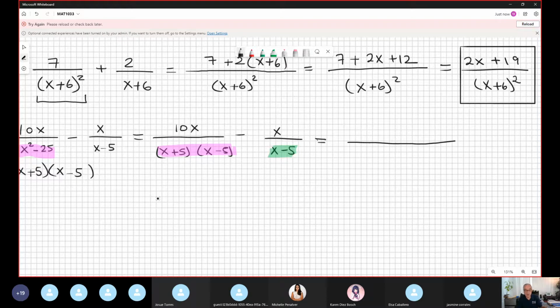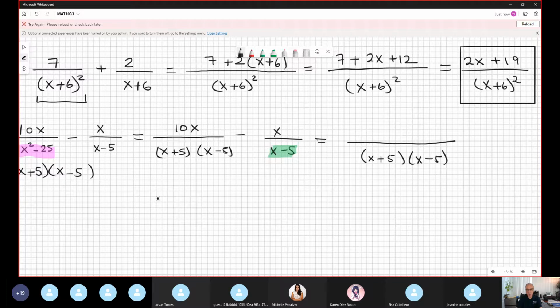So the least common is x plus 5 and x minus 5. Do you see this decision or no? It's important for me that you see that. Yes, Professor. Excellent. Okay.